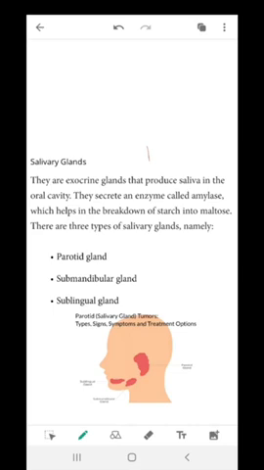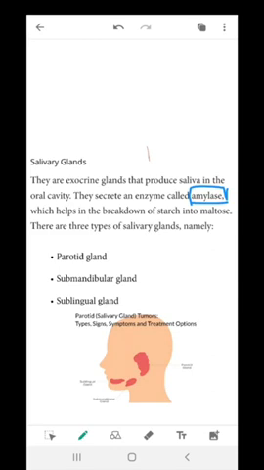They secrete an enzyme known as salivary amylase, very important, which helps in the breakdown of starch into maltose. When food enters the mouth, because of the salivary glands, most of the carbohydrates start digesting, with starch breaking down into maltose.